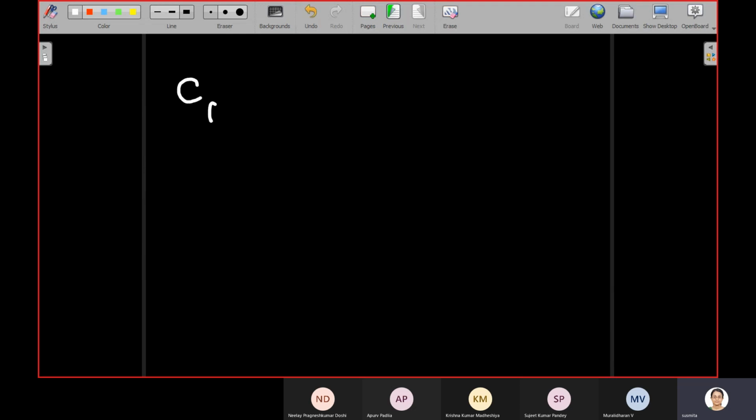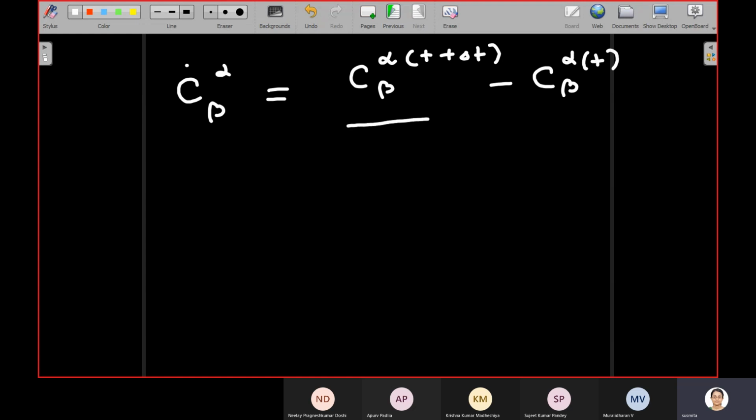Now the derivative, as per definition, is... so substituting for this one.